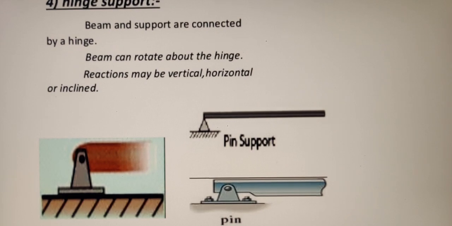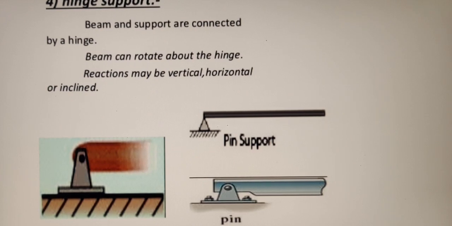And the last type of support is the hinge support. So here at the support, the reaction can be developed in any direction. At the hinge support, the beam can rotate about the hinge, but it restricts the movement in the vertical and horizontal direction. So reactions may be developed in the vertical and horizontal directions.